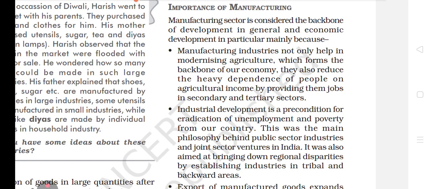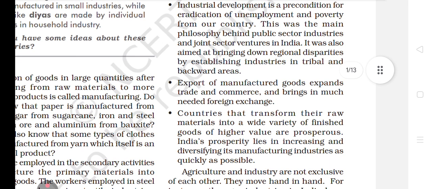Okay. Now the second point: industrial development is a precondition for eradication of unemployment and poverty from our country. Very important. Industrial development is a precondition, means it is a very important condition for eradication, means removal, of unemployment, when people are not employed in the country.